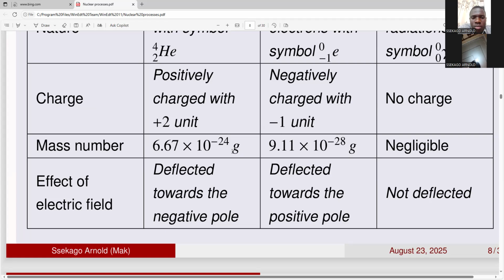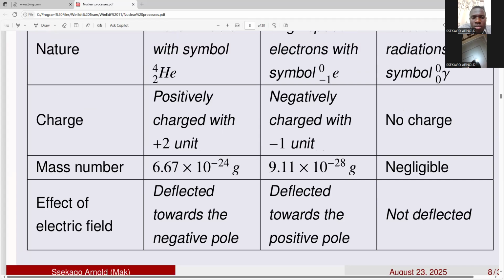Then we look at the mass number. We can think about the masses of each of these particles. Alpha particles have this symbolic representation, so they have mass number 4.